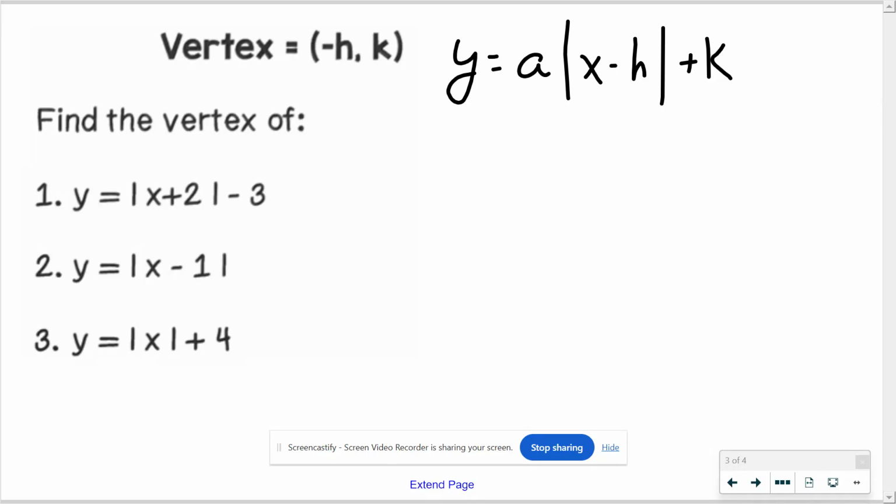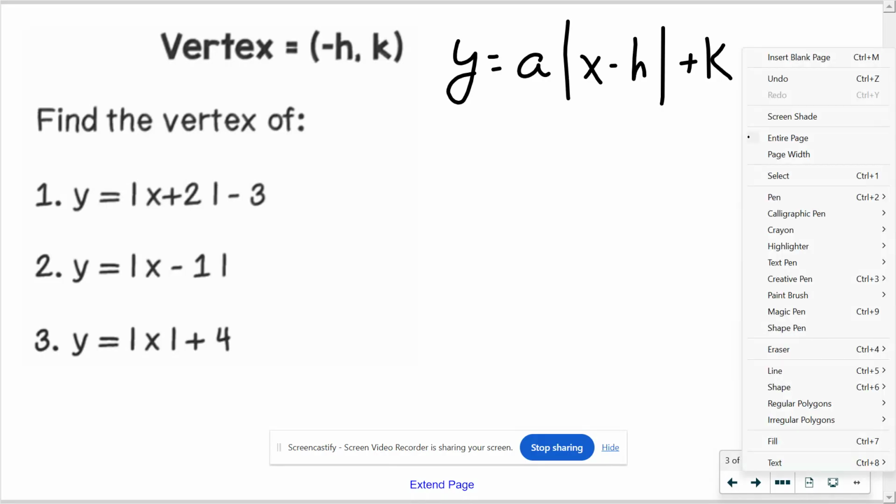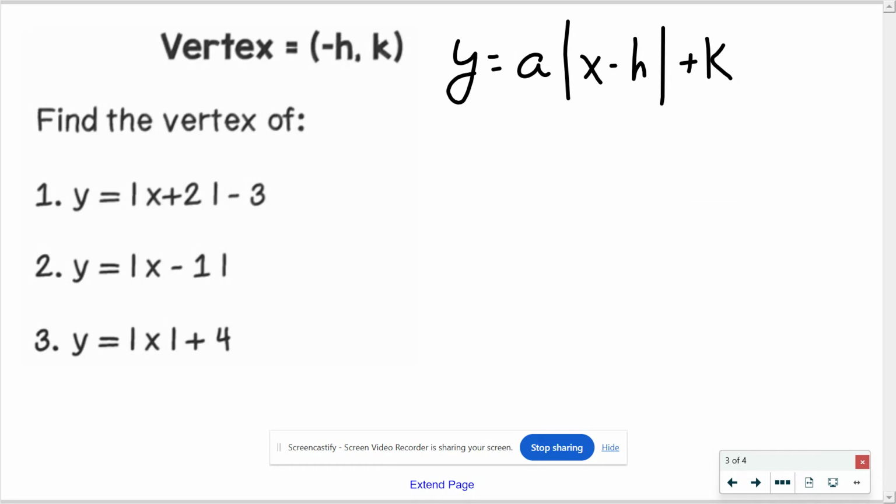For number one, we have y is equal to the absolute value of x plus 2, and then we're taking away 3. So in order for us to find the opposite of our h value, if we look inside our absolute value function, it's x plus 2. Well, that's really written as x minus negative 2.